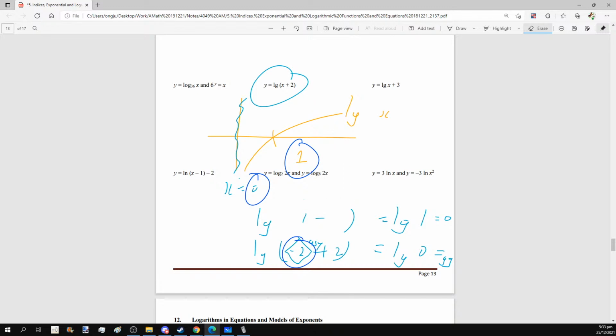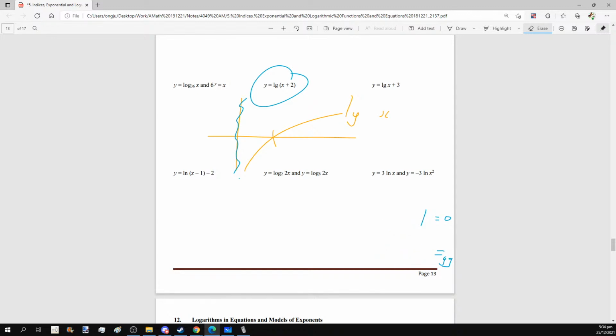Now, because we haven't learned about graph transformations at this level, and we do not need to learn it for O-levels, what I like to call this is the compensation effect. When the person suffering from the advanced mathematics, in this case suffering from the logarithm, the person suffering is x. When the person suffering is inside a bracket with a plus minus, we will need to compensate for the plus minus.